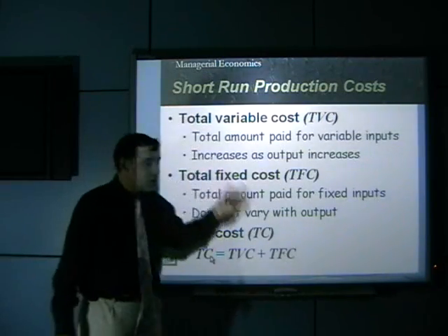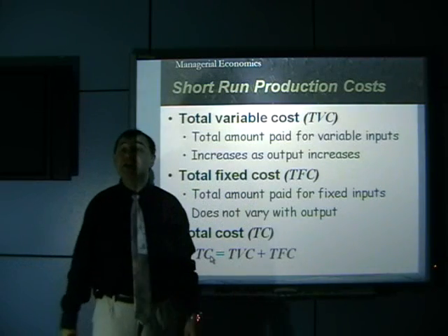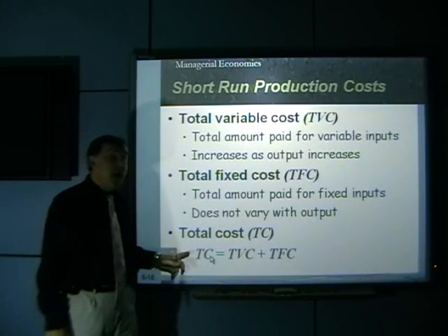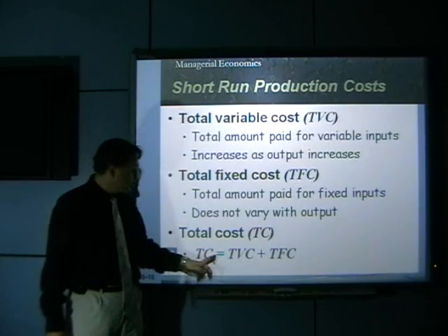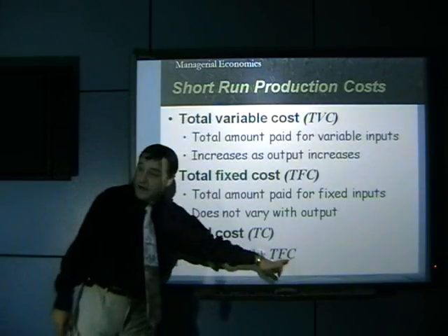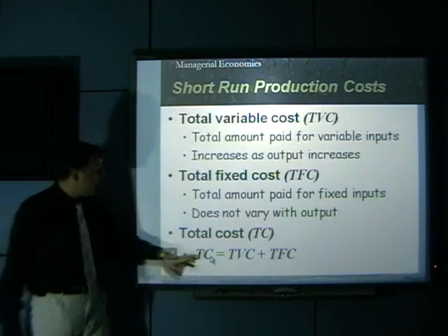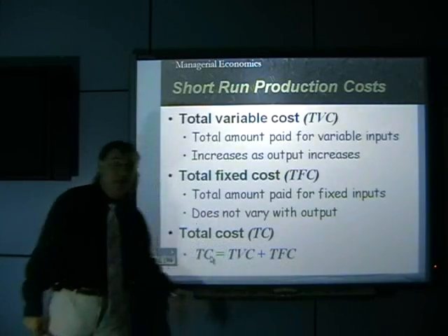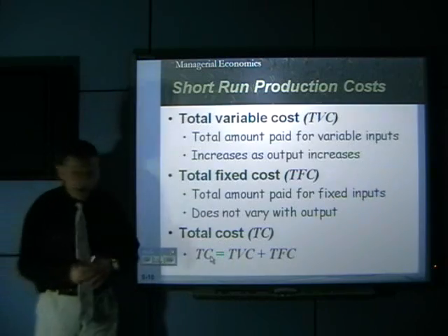So, total fixed cost is the same as fixed cost. Alright? So, it is a natural, logical decomposition that total costs are divided into total variable costs and total fixed costs. You will also have average costs or average variable costs and average fixed costs. I mean, this is just a natural, logical extension.